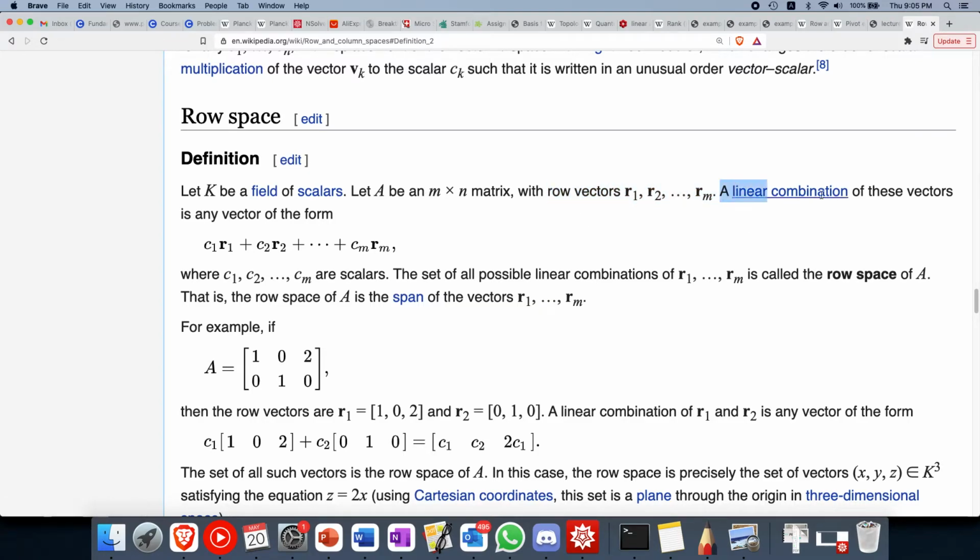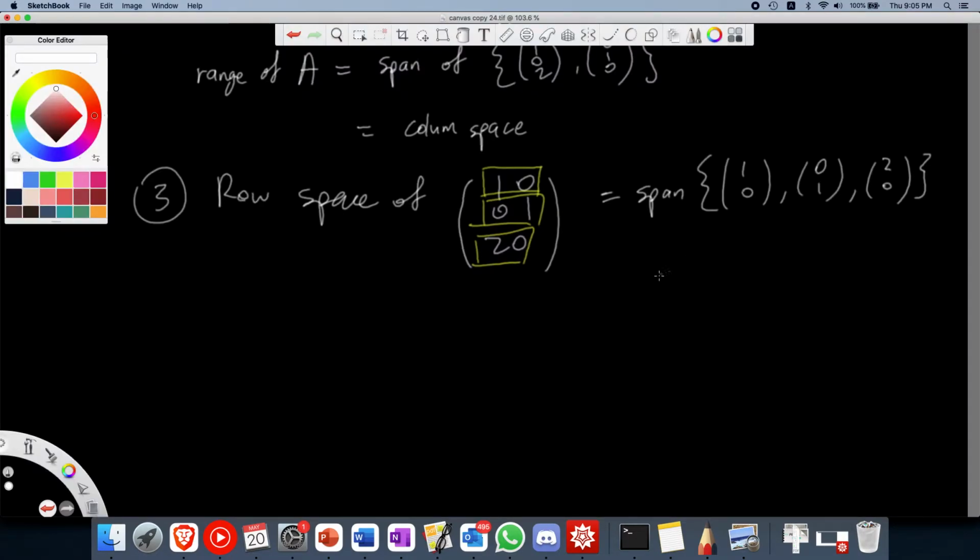So it's a linear combination, which is what a span is, of these vectors of this form. So in other words, it is all the a plus b plus c for all a, b, c in real numbers.